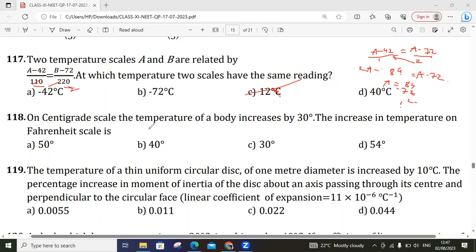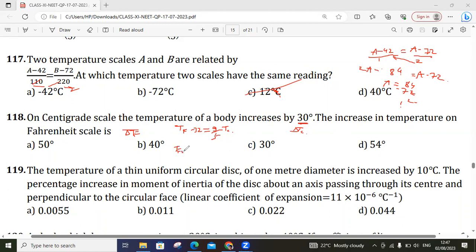On centigrade scale, the temperature of the body increases by 30. Find the increase in temperature on Fahrenheit. So delta Tc is this, and they're asking delta Tf. So we know the relationship Tf minus 32 is equal to 9 by 5 Tc. Now take Tf2, Tc2, Tf1, Tc1, then subtract both of them.